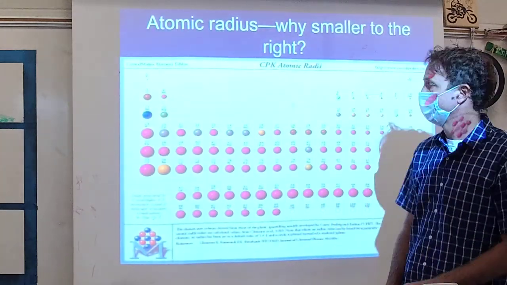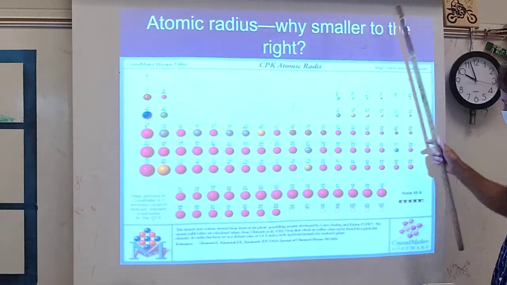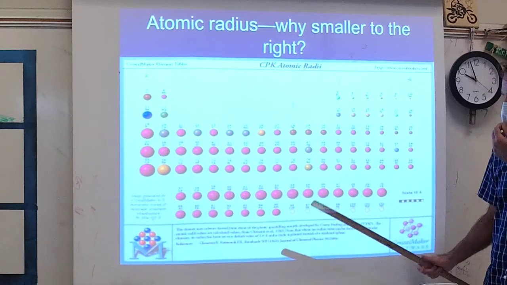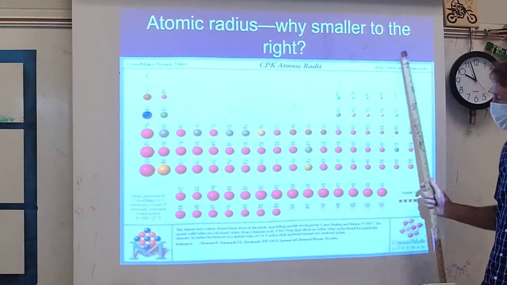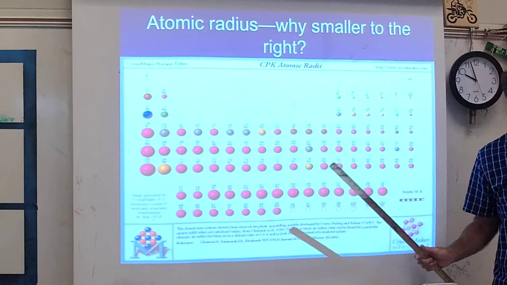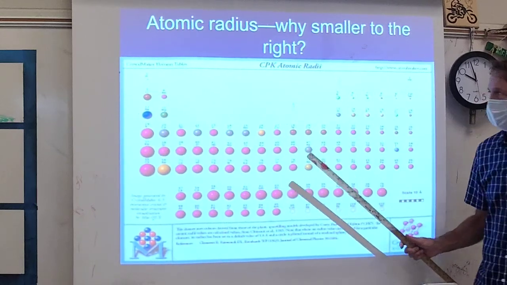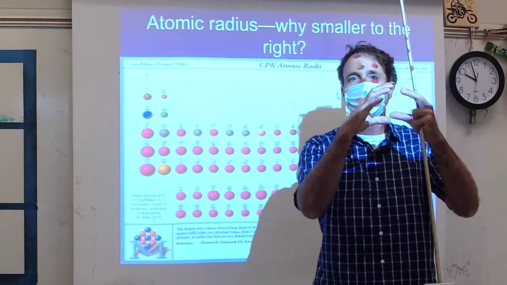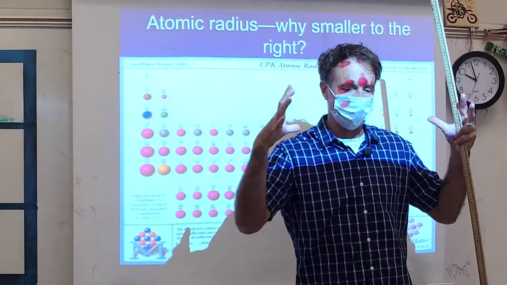If you look, here is something probably made by Linus Pauling. Here is a chart in the periodic table, and these are relative sizes of the atom. It's called atomic radii or the atomic radius because, you know, if you have a circle, the longer your radius, the bigger the circle is, right?